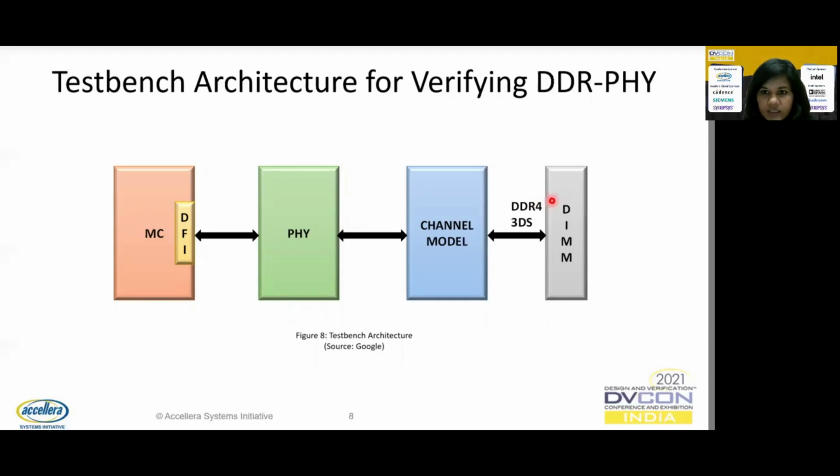The DDR4-3DS memory also routes the commands through this channel model before sending it to the PHY, which then translates the memory protocol back to the DFI protocol. We have used the verification IPs provided by EDA vendors for the DFI and the DDR4-3DS memory component. Assertion checkers have been used for checking the PHY functionality along with coverage, monitor, and scoreboard. Now we will look into the channel model in detail.